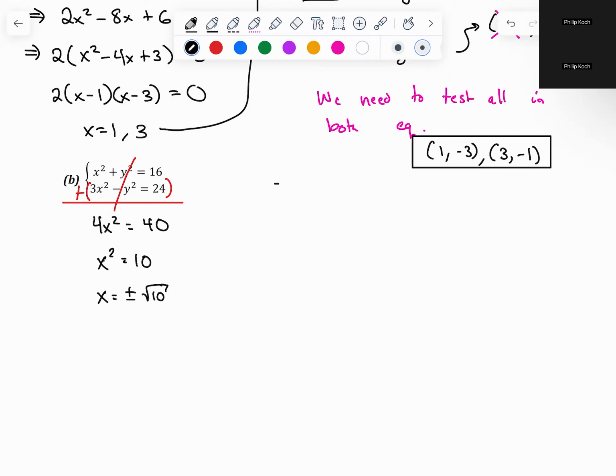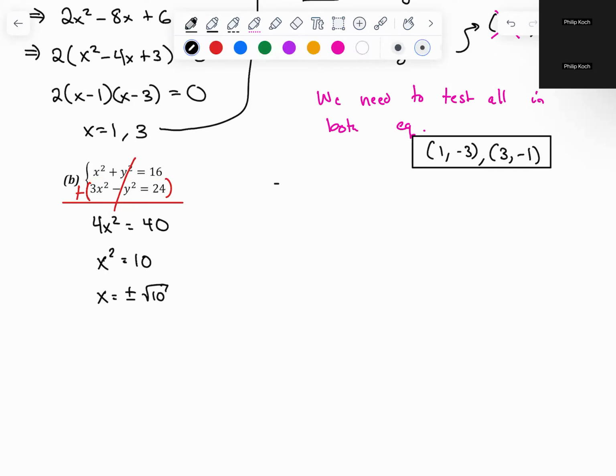Now, we can use either one of the equations to solve for y. Now, here's the thing about this one. We get 2 solutions for x. I would recommend using the first equation to solve for y because there's very little that needs to be done. I don't need to divide or anything like that. It's going to be quite quick.